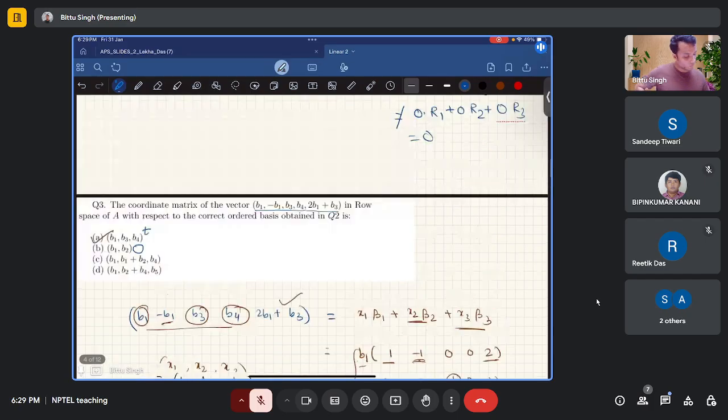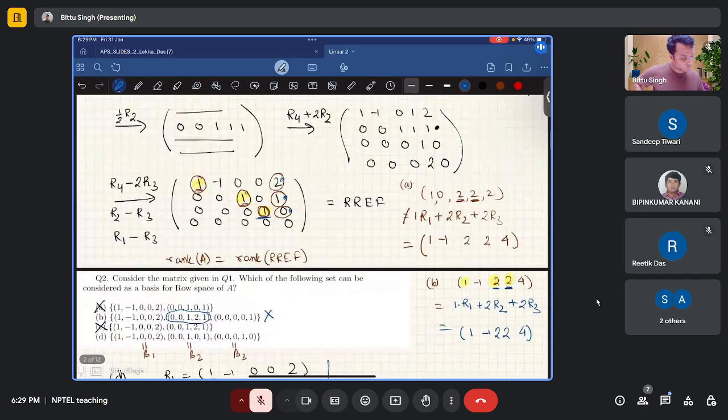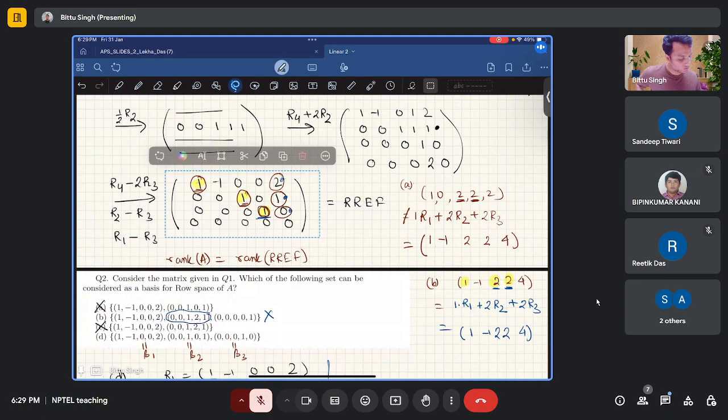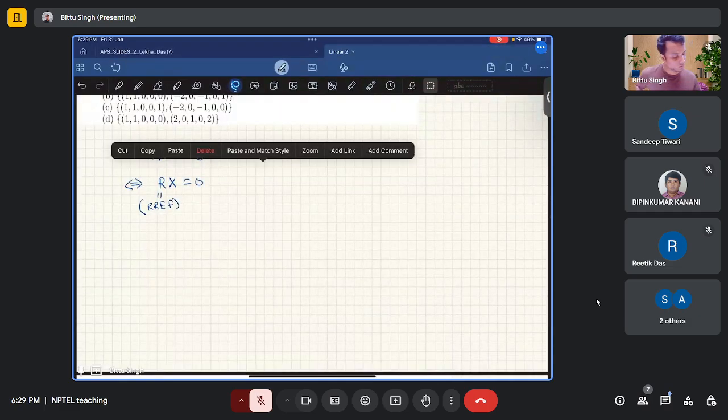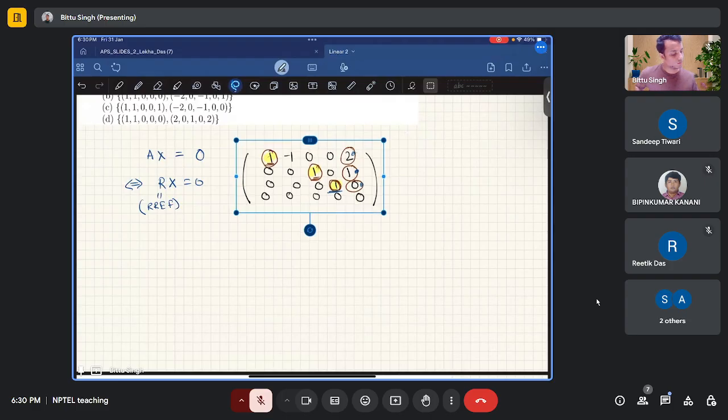So let us copy what that row reduced echelon form was. You can see in this question, the row reduced echelon form was this. So copying. So this is our R, R equal to this matrix.